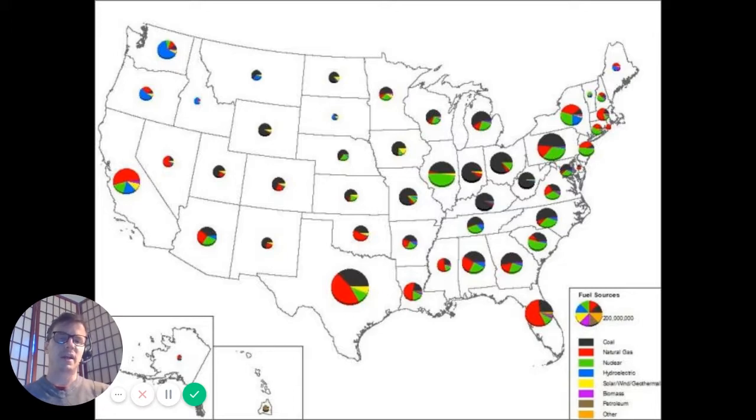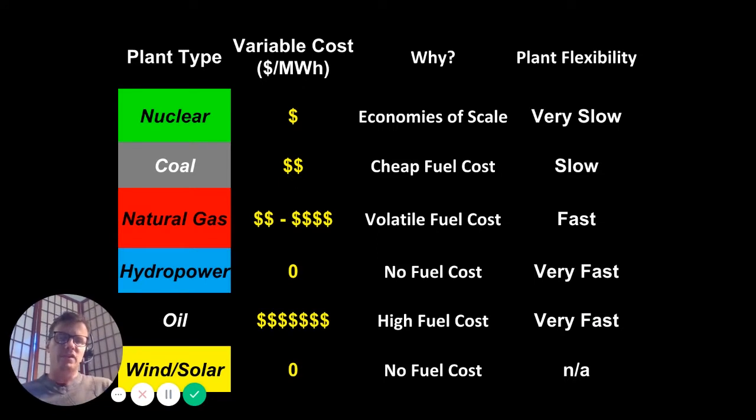So states that rely more on coal, their variable costs depend not only on electricity demand, but also on the price of coal. States that rely more on natural gas as a source of generation, their variable costs would increase with demand, but also increase with the price of natural gas. And that's sort of what this table shows.